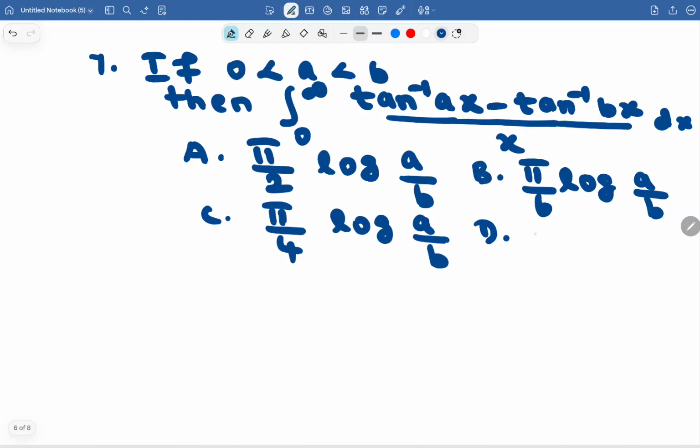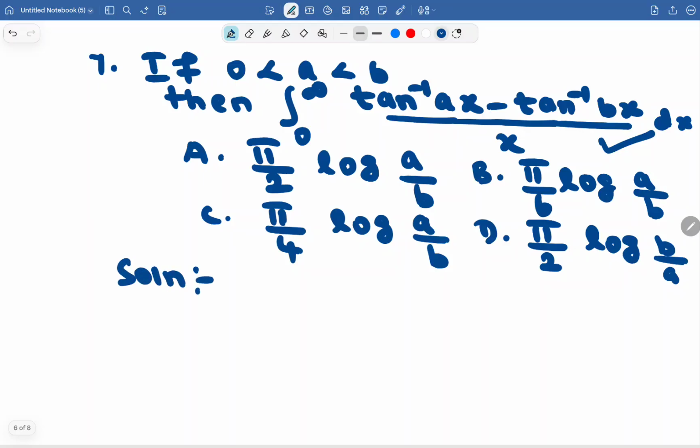Option D, pi by 2 log b by a. We have to find the integral value. Out of the 4 options, one option may be the correct option. Solution.